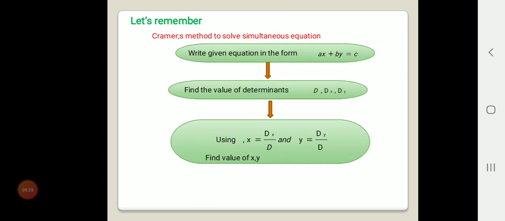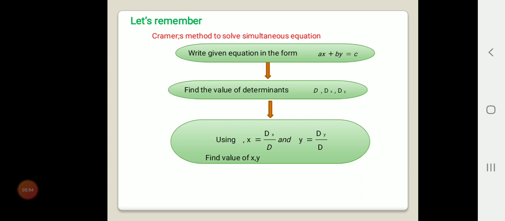Let's remember Cramer's method to solve simultaneous equations. First, we write the given equations in the form ax plus by equal to c. Second, find the values of the determinants D, Dx and Dy.